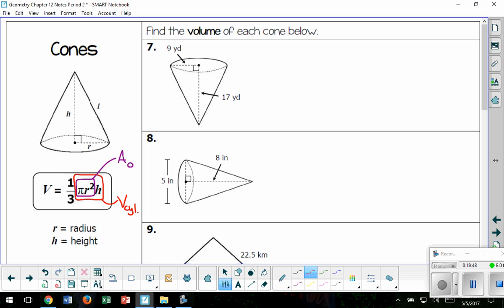Alright, so, again, for number 7, straightforward, volume equals 1/3 pi r squared h. This right here should be pi r squared h over 3.